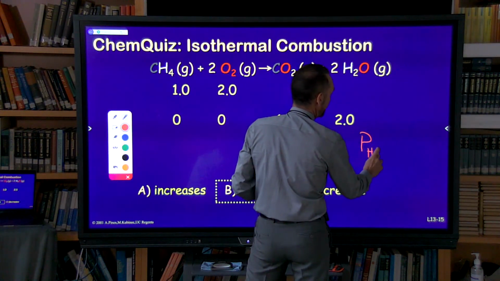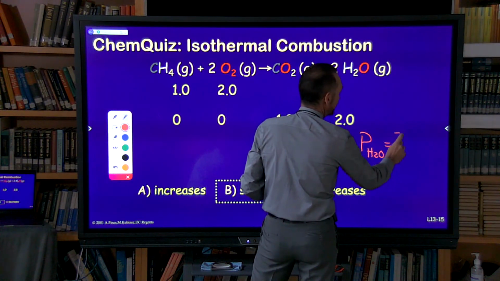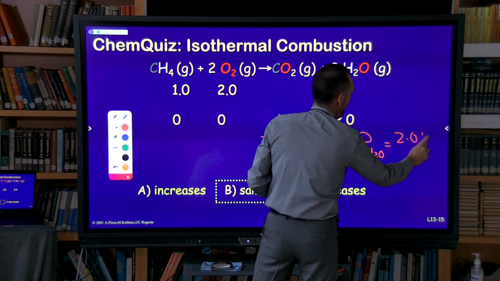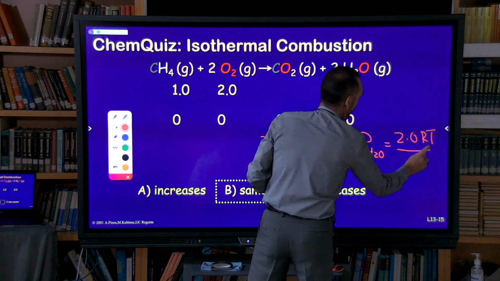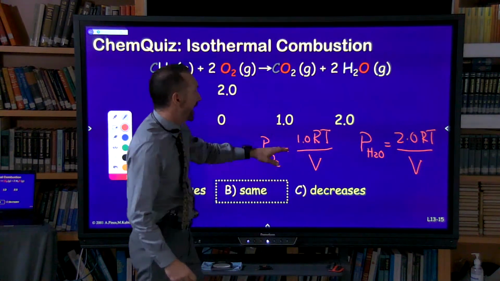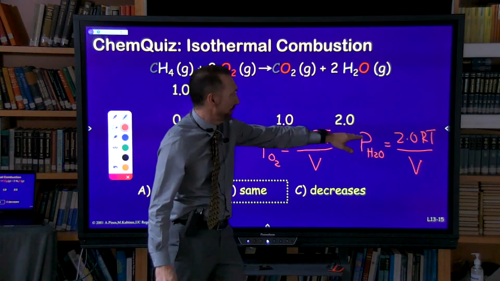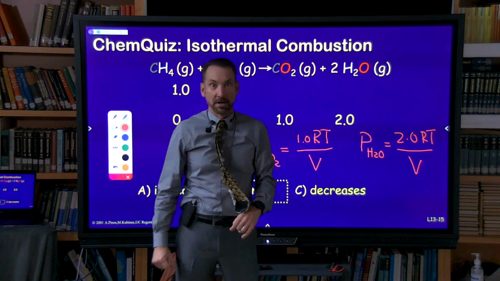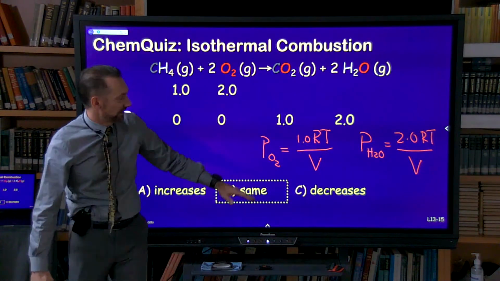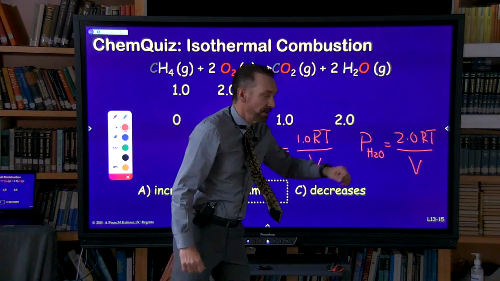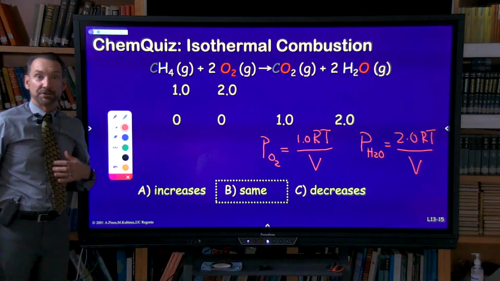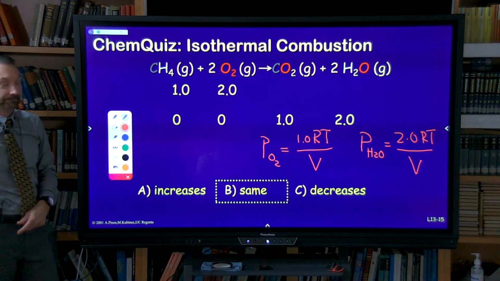So the partial pressure of the water is 2RT over V, and the total pressure is the sum of those, 3RT over V. So indeed, oxygen is 1/3 of the pressure, water is the other 2/3 of the pressure.